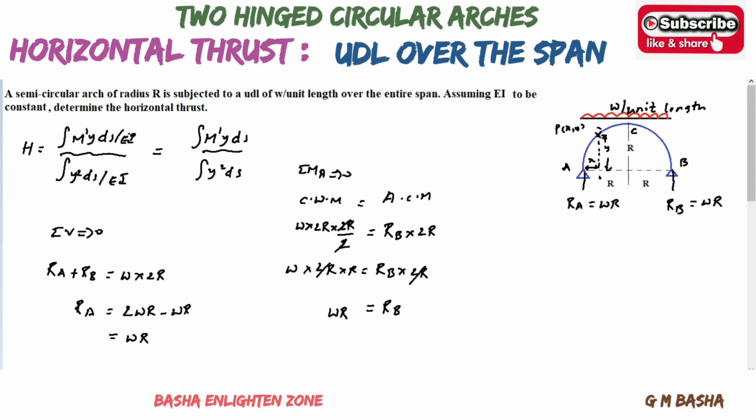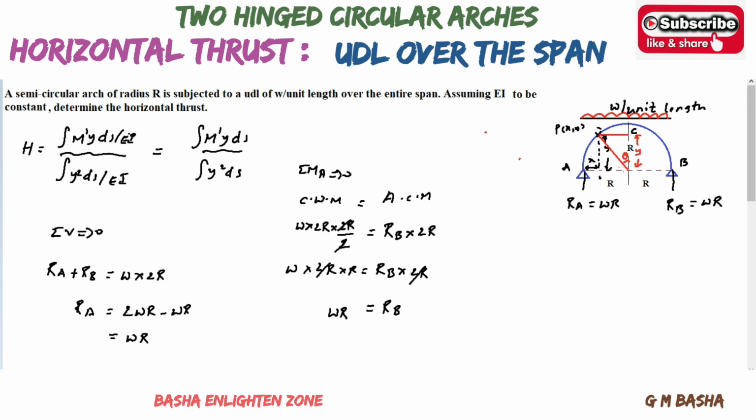Already in the last example I explained this point clearly. So a point x comma y will be acting at some angle theta. So this is y here.